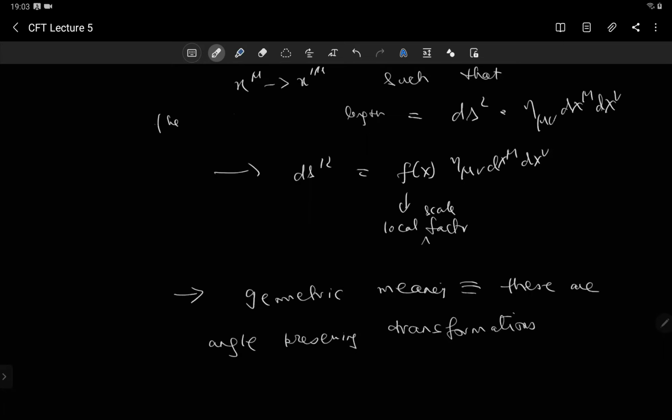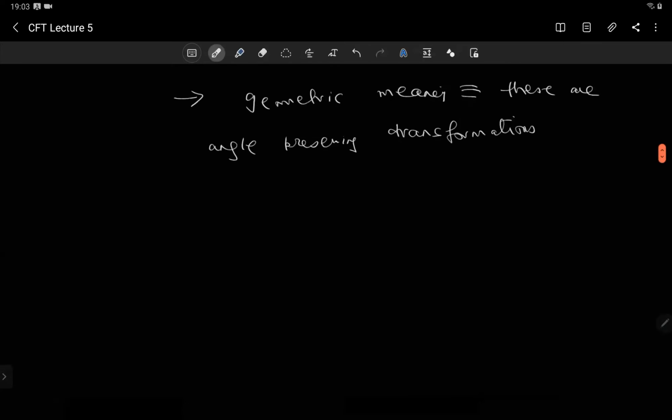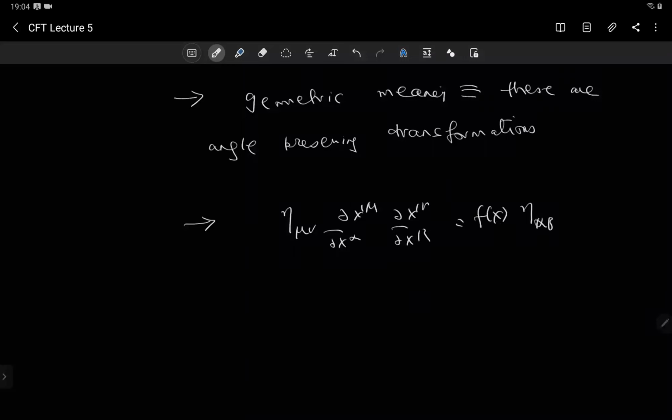We can also write this in terms of eta mu nu: eta mu nu del x prime mu del x alpha del x prime nu del x beta. For Lorentz transformation, this would have been just eta alpha beta, but now you can also have f of x.